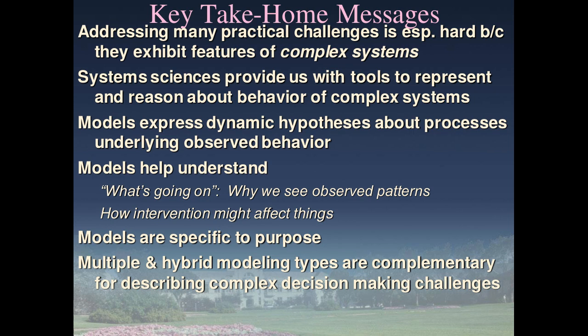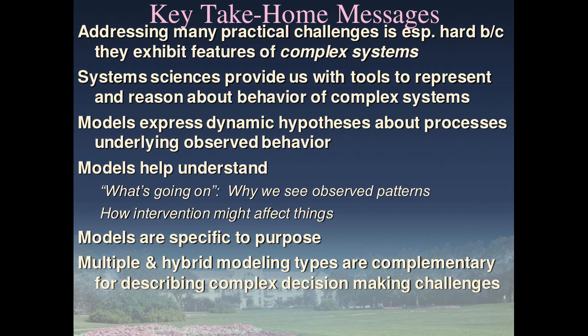So, a couple key take-home messages from this. Addressing many practical challenges is especially hard in health because they exhibit features of complex systems. The whole is greater than the sum of the parts. We have trouble reasoning about how even a change to the system will ripple through to changes to the system as a whole consistently, unless we describe it operationally in a precise way using the tools of system science, namely dynamic modeling.